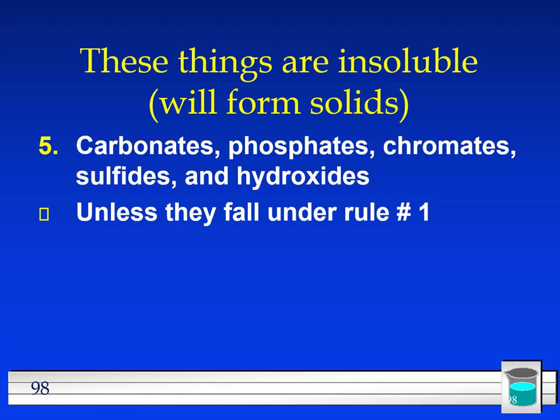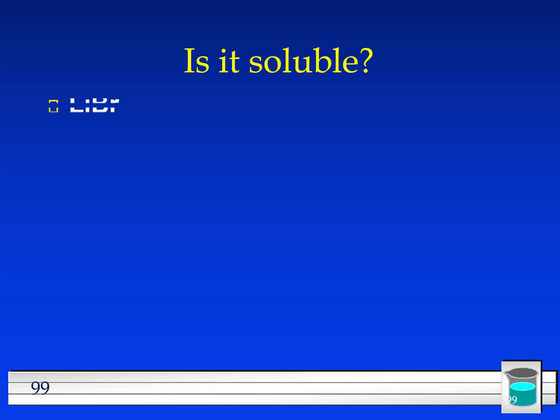If you could find some francium sulfide, it would dissolve too. You probably can't find it though. It's gone. It was there. Now it's gone. So let's just try a couple of these.